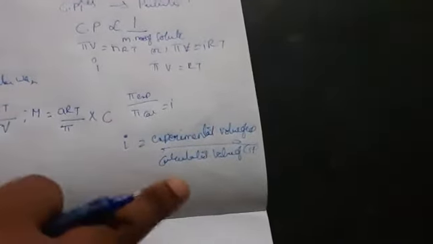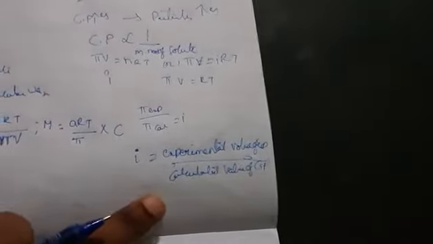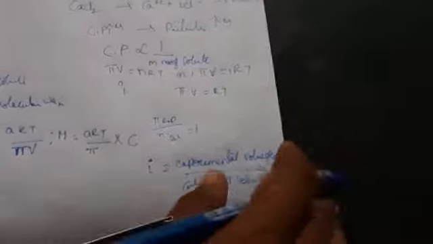For example, in volumetric analysis, the value you get from the experiment is the experimental value, and whatever value I give is the calculated value. The solute may undergo association or dissociation, so the Van't Hoff factor has generally two cases.